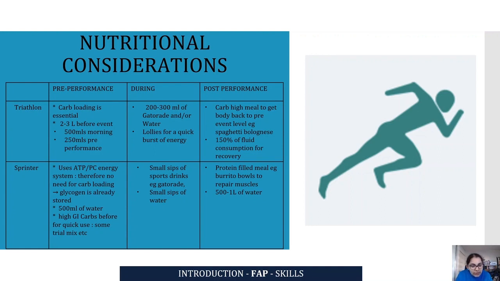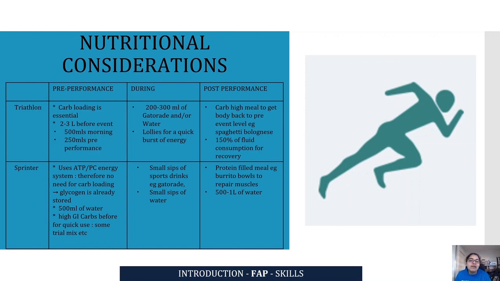So pre-performance, for a triathlon runner, carb loading is essential for them, and 2 to 3 liters before an event. So 500 mils in the morning, 250 pre-performance. And because they are going to need that energy, they can drink water every 20 minutes, but imagine someone who is running in the Olympics or something.